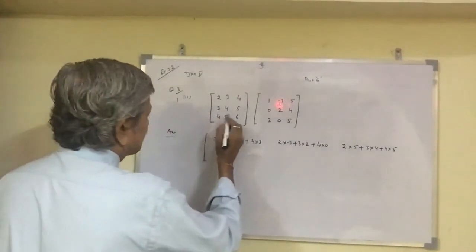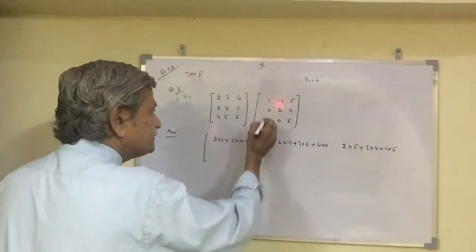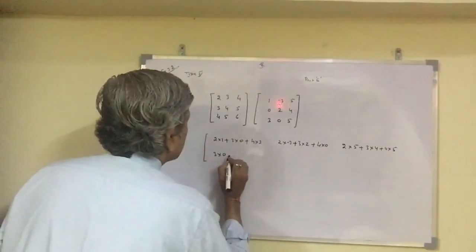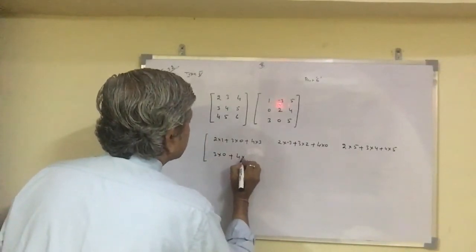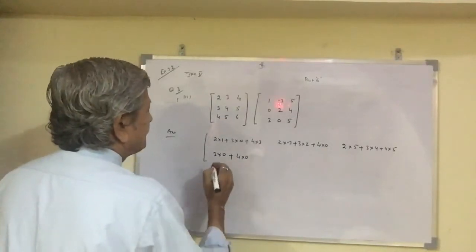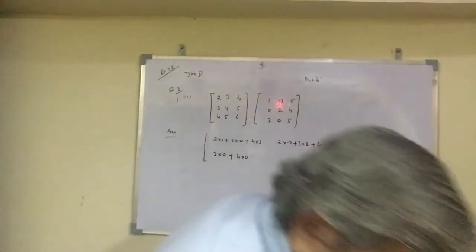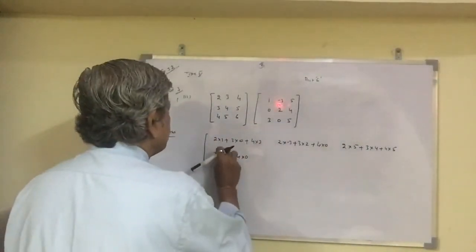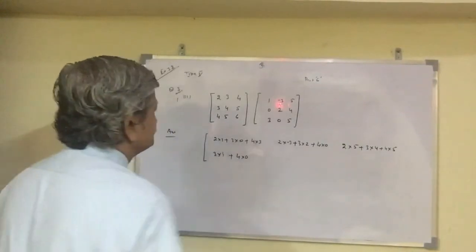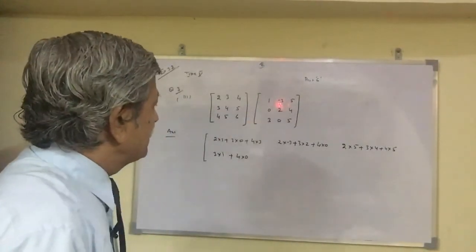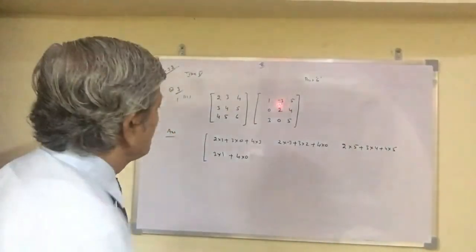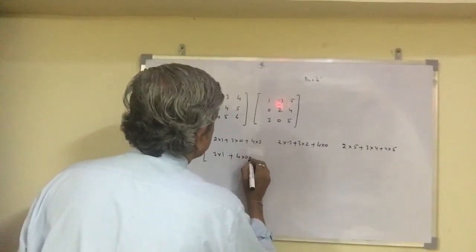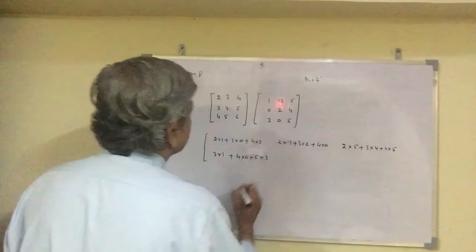Now come to the second row. Choose second row and first column. So you have 3 into 1, sorry, this is 1, plus 4 into 0, then 5 into 3.